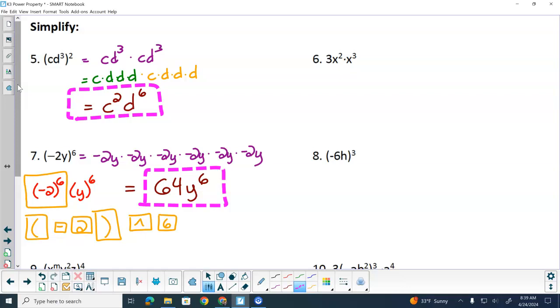No. So that's just going to stay 3, right? And what can you tell me about these 2? Because there's no parentheses in this one. And x, so how many total x's? 5. So it would be x to the fifth power. Yeah, exactly.